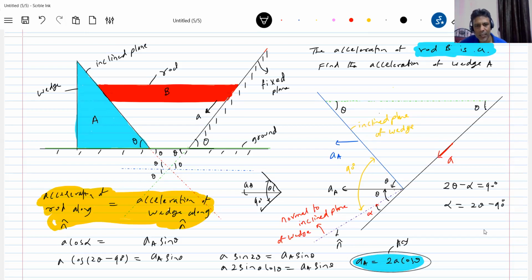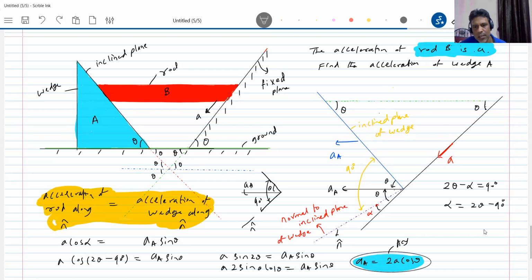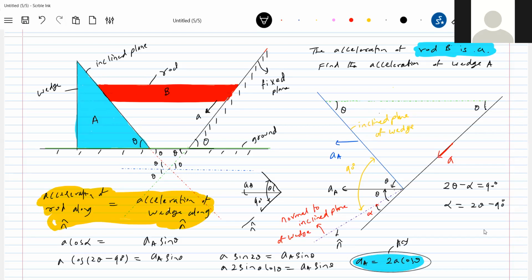What you write? Acceleration of A along n cap. A sine theta, no? Along the inclined plane should be A cos theta. Okay? Yes, sir. Because 90 degree, I'm showing that yellow color one, that you have to make it out. Okay, sir. Thank you, sir.